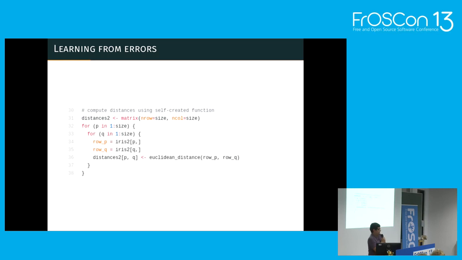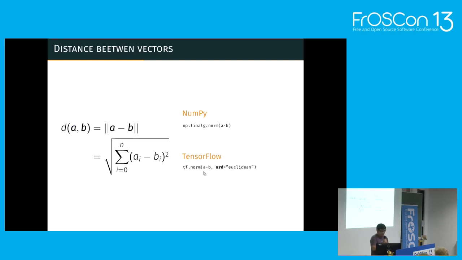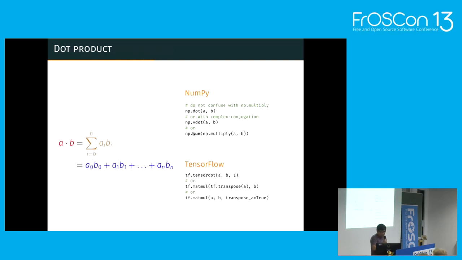And in the case of Python, we should use NumPy and SciPy and just call these functions. For example, here it is the same logic: multiply the elements of 2 vectors and then get the sum of these.